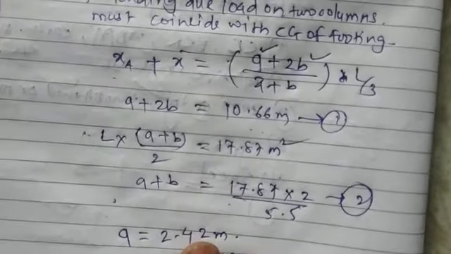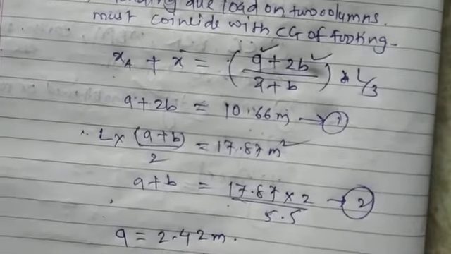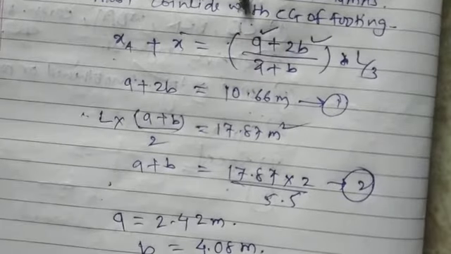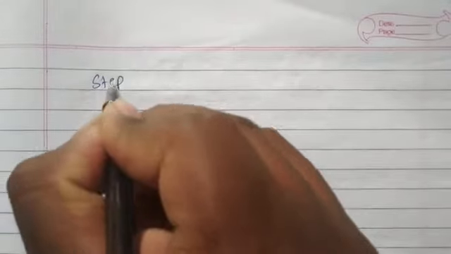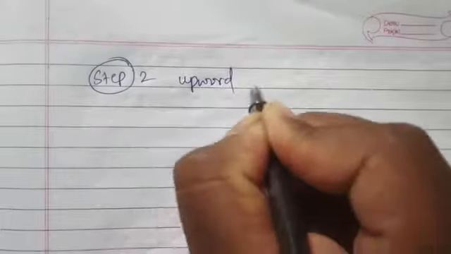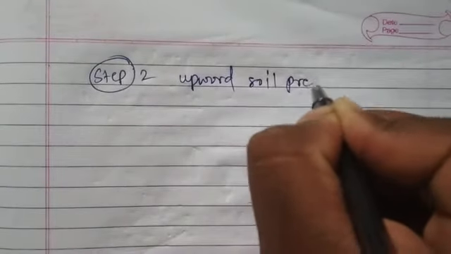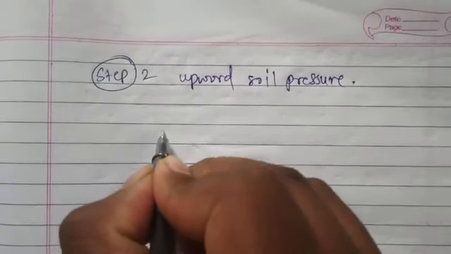So till now we have solved the numerical up to the calculation of the dimensions of the footing. In the next step, step 2, after calculating the dimensions, we will check the upward soil pressure, and whether it is within the range of SBC or not.